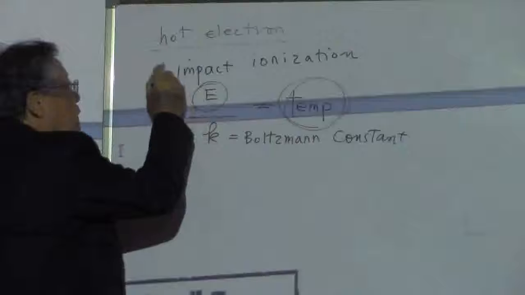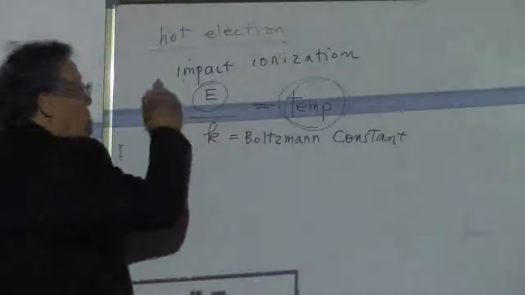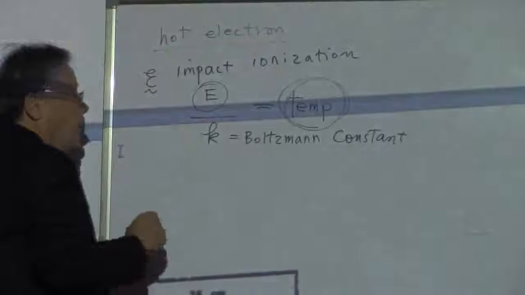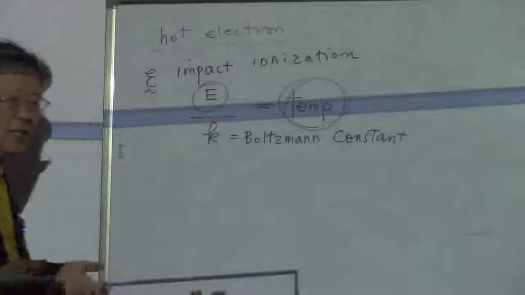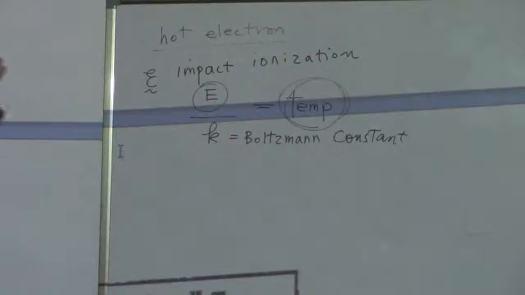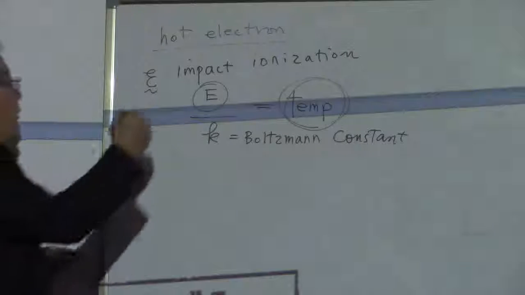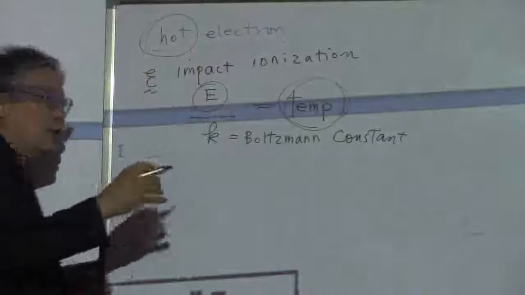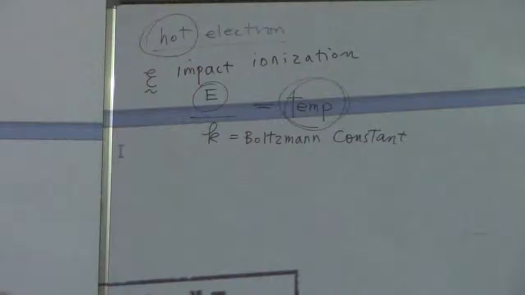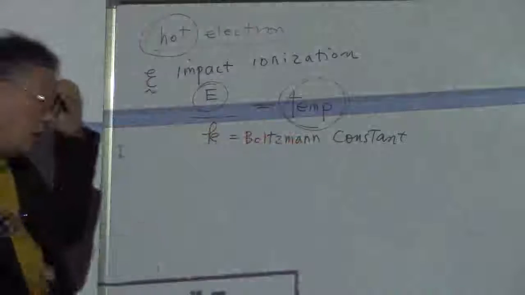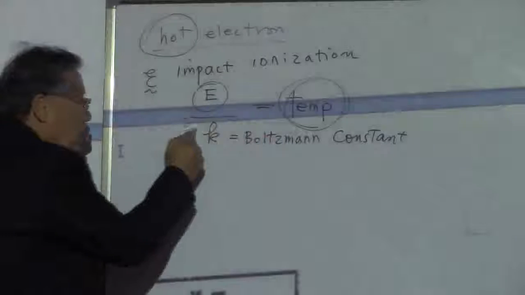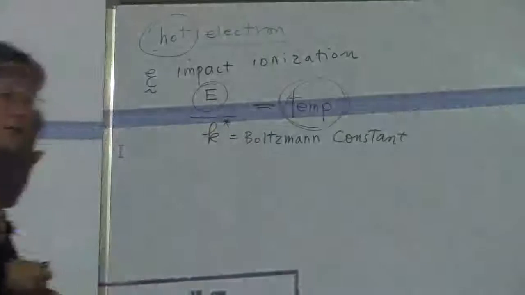So electrons which can have high energies by the electric field can be regarded as an electron having some high temperature. That's why we call them hot electrons. It's not really hot in terms of the temperature, but in terms of the energies, it is related to the hot temperature energies.